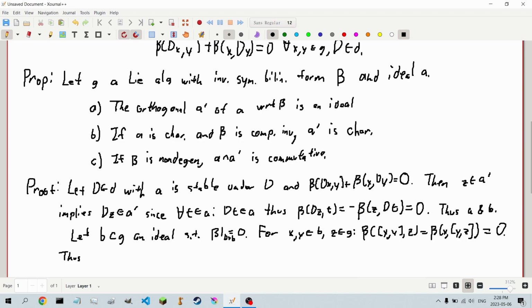So what is this saying? This first element is of the form the bracket of x and y, and we see here it is orthogonal to G. So if beta is non-degenerate, that gives us that B is commutative.